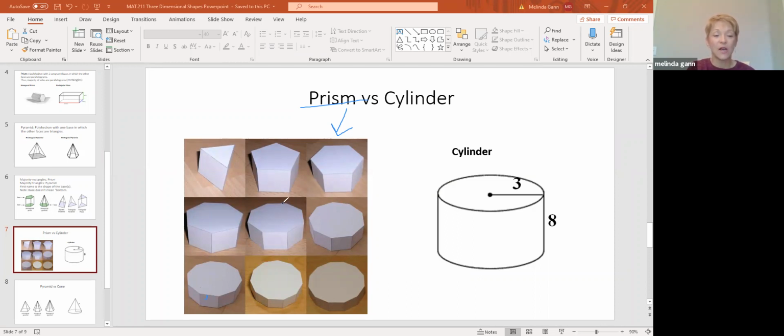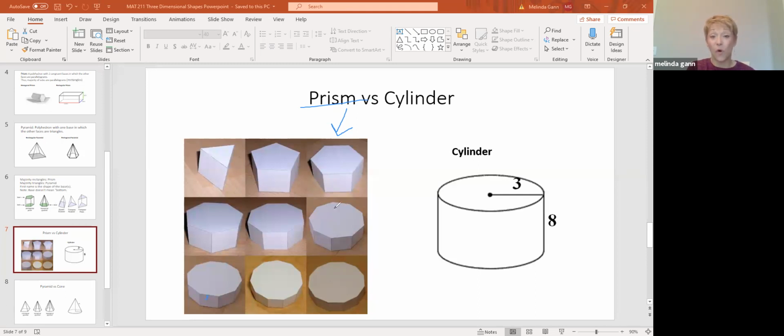Okay, but I want you to notice something. Do you see the more sides that these bases have, this prism is getting closer and closer to looking like what? A cylinder. Because if you had 100 sides, this thing would look almost exactly round.